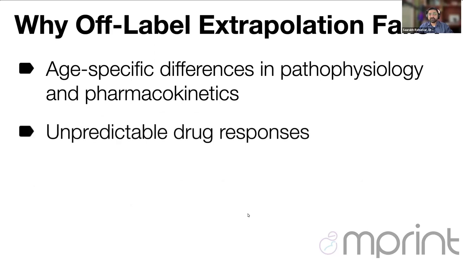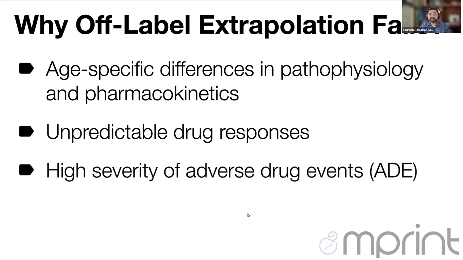Second, even with weight-based dosing, pharmacodynamic responses are highly variable. You can't assume the same therapeutic index, which can lead to unpredictable drug responses. And third, ADEs in kids tend to be more severe, not just more frequent, but harder to detect and manage due to vague symptoms and narrow dosing windows. All this makes off-label use risky by default.